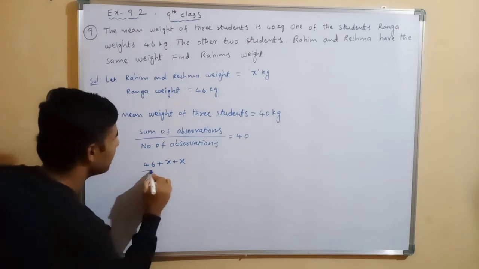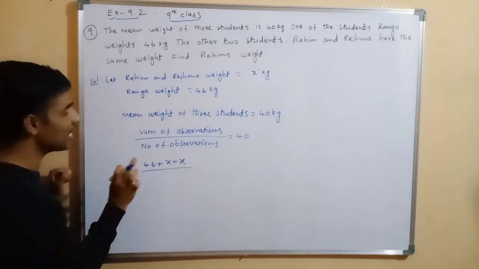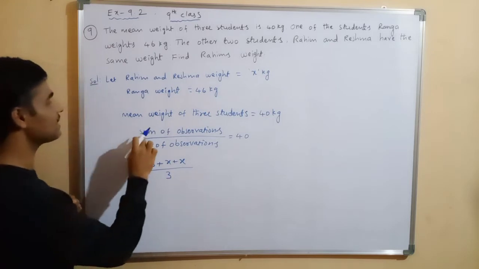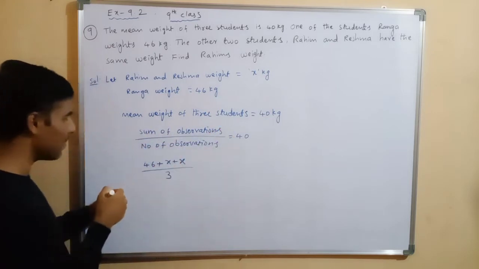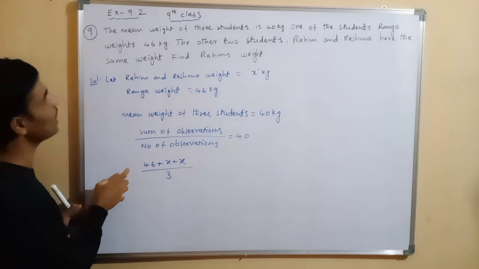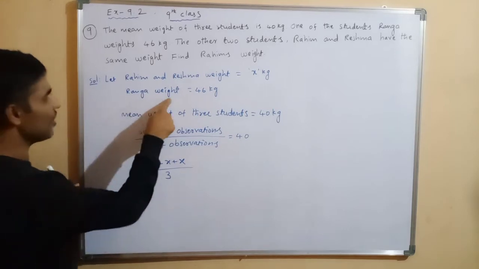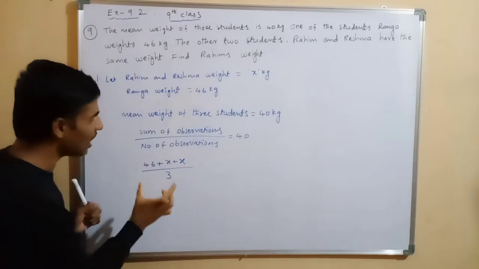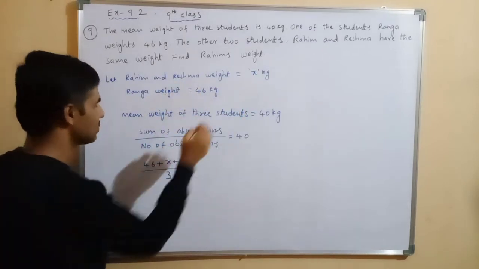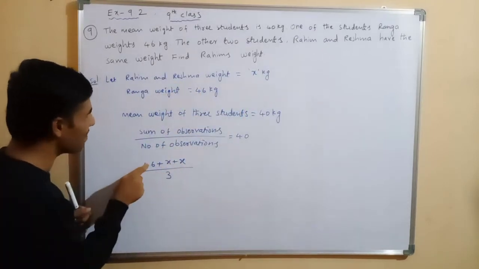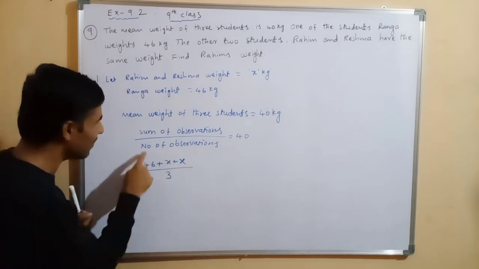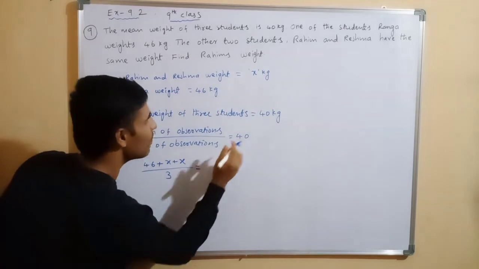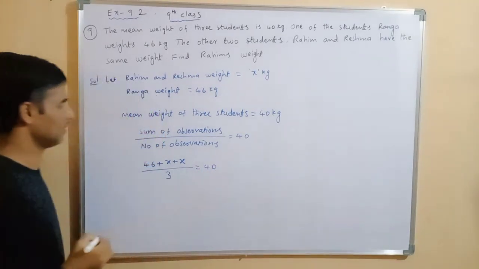Divided by how many members? 3 members are there, 1, 2, 3. So divided by 3. Sum of observations means the weights of all 3 members. We know only Ranga's weight, so I wrote 46. The remaining 2 members' weights we don't know, so we take x plus x, divided by 3, equal to 40.